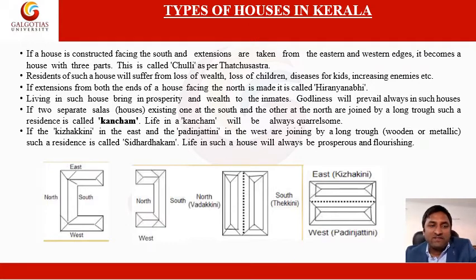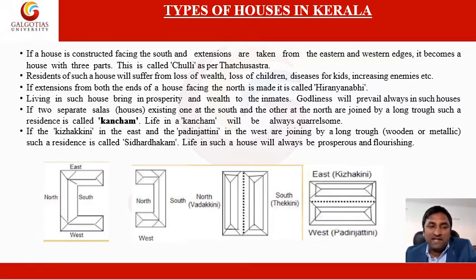If extensions from both ends are made on a house facing the north, it is called Hiranyabhi. Living in such a house brings prosperity, wealth, eminence, and godliness will always prevail. So they prefer houses facing towards north and towards east.